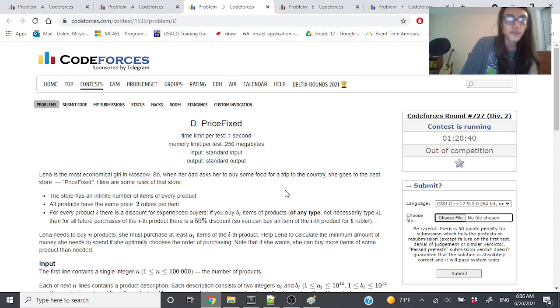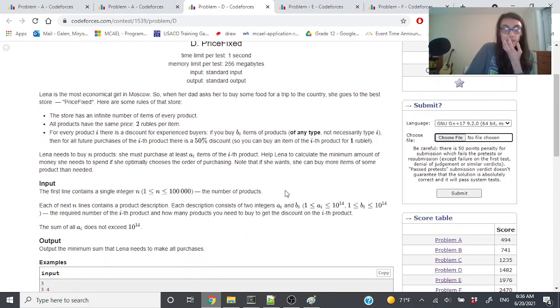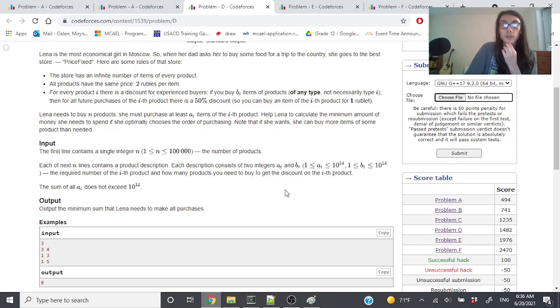I really don't understand. Product I. If you buy BI products, out of all future products, there's a 50% discount. What?